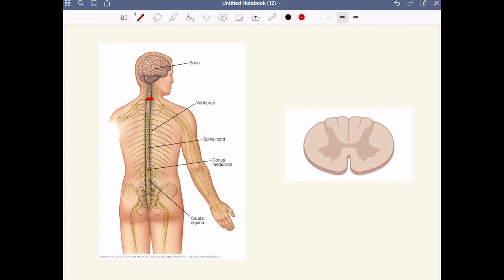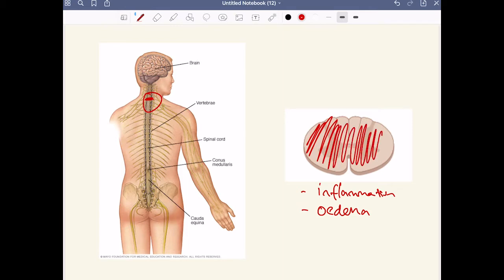In the early minutes to hours within this injury, as we know with all injury, we get a significant amount of inflammation. So we have inflammation because we've got cell injury, and we know what happens with inflammation. We get lots of fluid, so we get lots of edema. As a result of that, around the injury site, what we'd probably start to see is dysfunction completely through the whole cord.